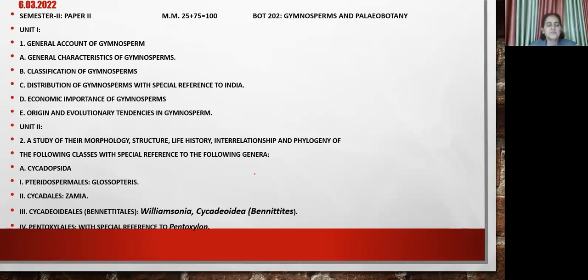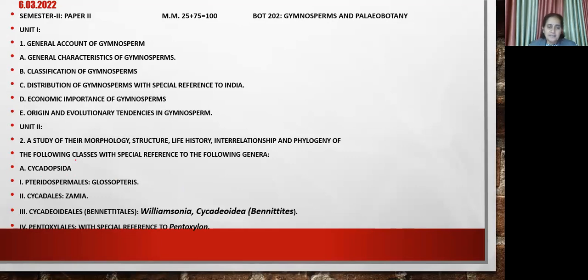So those genera provided in your syllabus, you have to study as reference because they are reference genera for each class. Gymnosperms, with due respect to the recent classification, are divided into 3 classes: Cycadopsida, Coniferopsida, and Gnetopsida or Ginkgopsida. So according to classification, the first class is Cycadopsida.